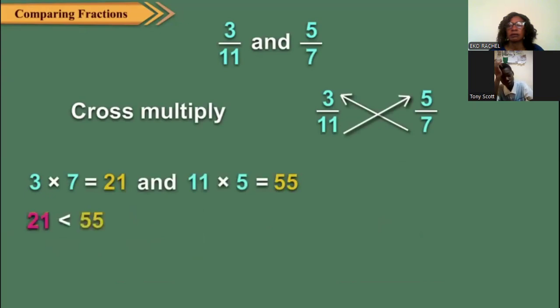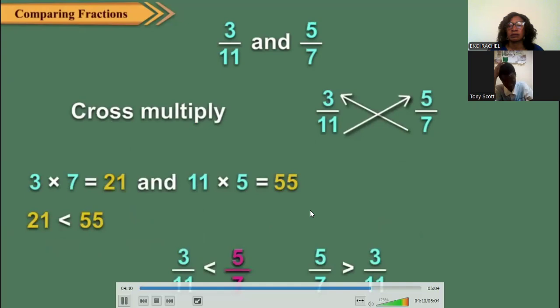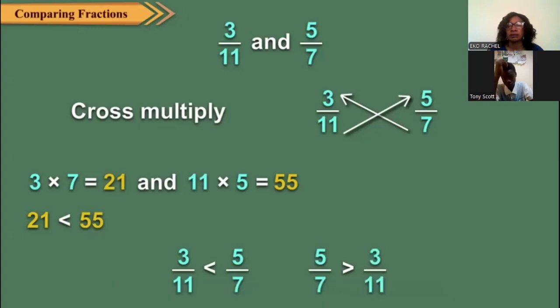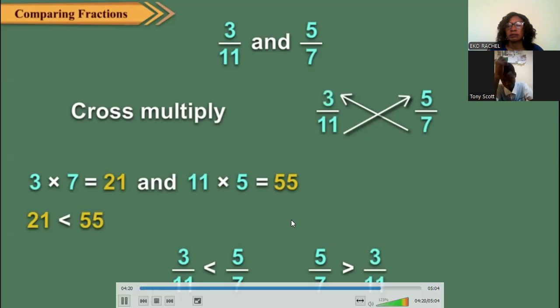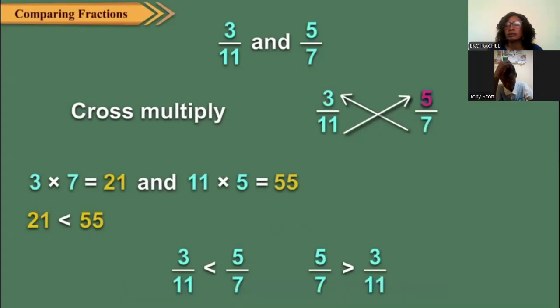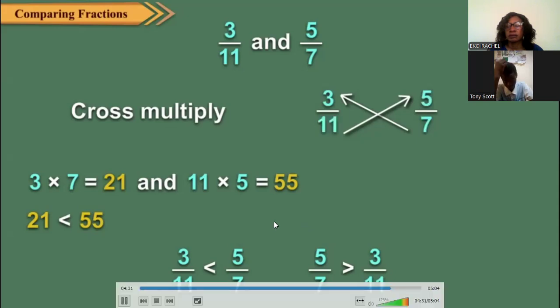Since 21 is less than 55, hence 3 upon 11 is less than 5 upon 7 or 5 upon 7 is greater than 3 upon 11. In this method, we cross multiply the numerator of the first fraction by the denominator of the second fraction, and then the numerator of the second fraction by the denominator of the first fraction. The side with the greater product is the greater fraction.